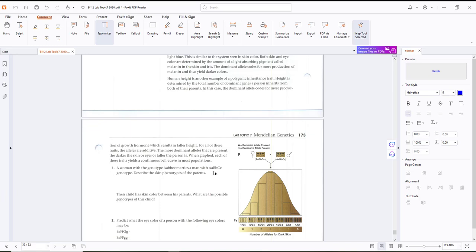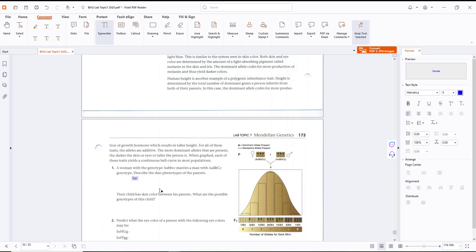So if we look at somebody who is of this genotype, okay, so basically the dominant would be the dark circle, okay? So she's got one dominant allele, and the rest are recessive. So she would be pretty light skinned, okay? So she would be like pretty fair.